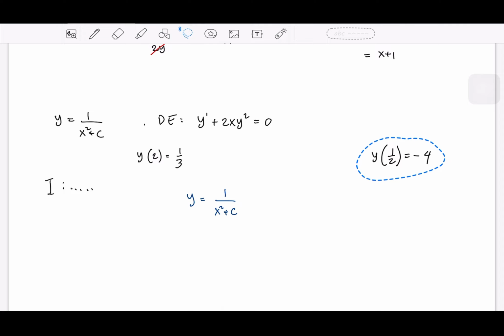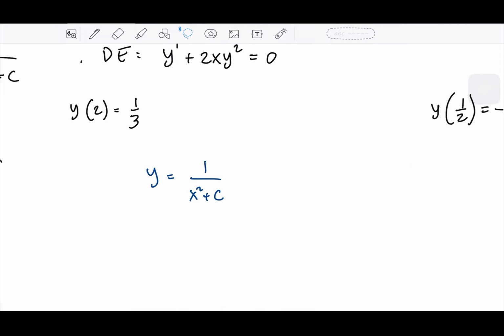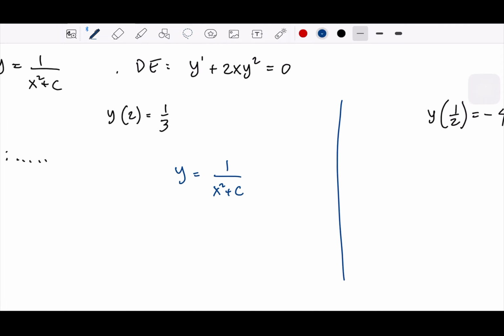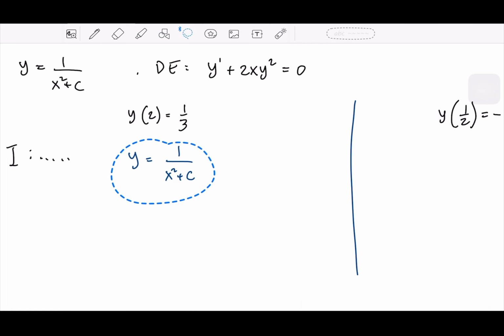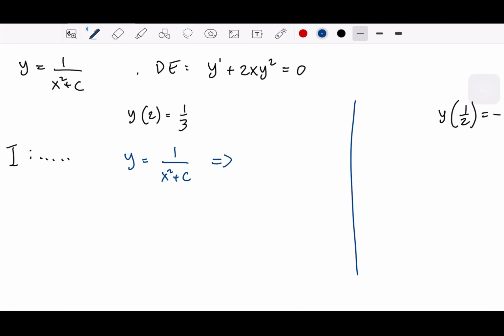According to the initial value, we can find c, right? If you solve this, you know that c will be -1.